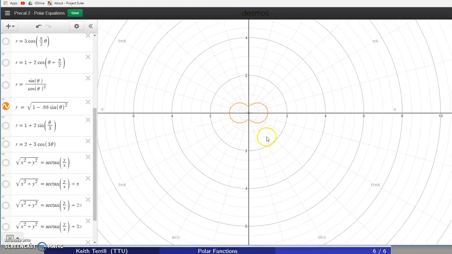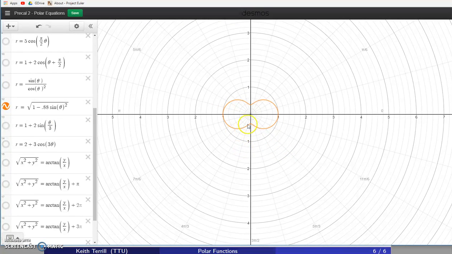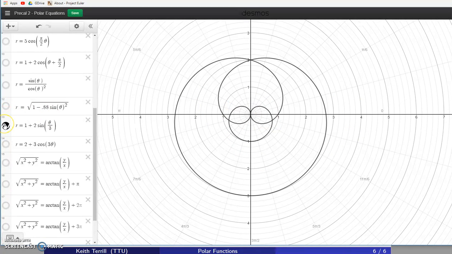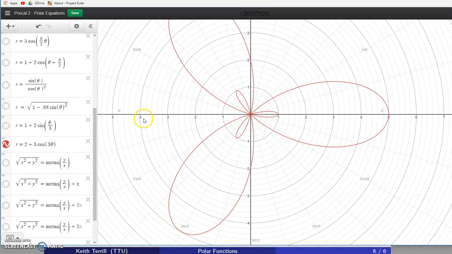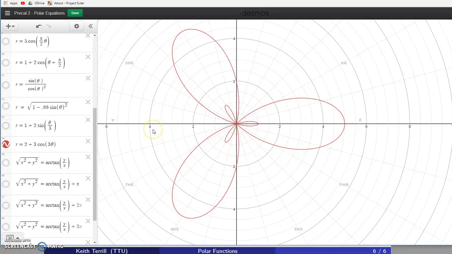And then you get some pretty weird stuff too. You can get a cell halfway through division. I think that's called a lemniscate. You can get, oh goodness, a cardioid that's really having a bad day. I forget the name of that. This is pretty though. These are all functions.